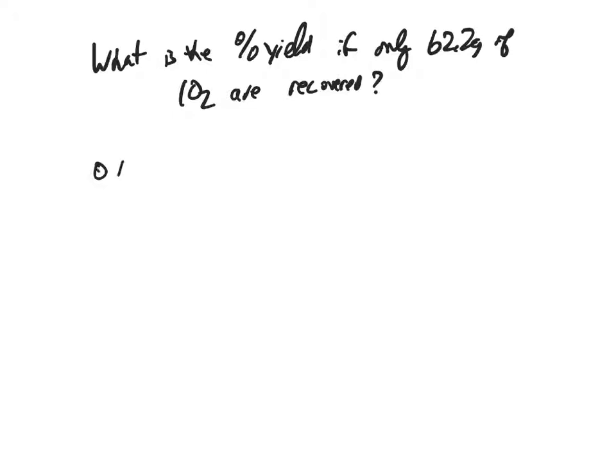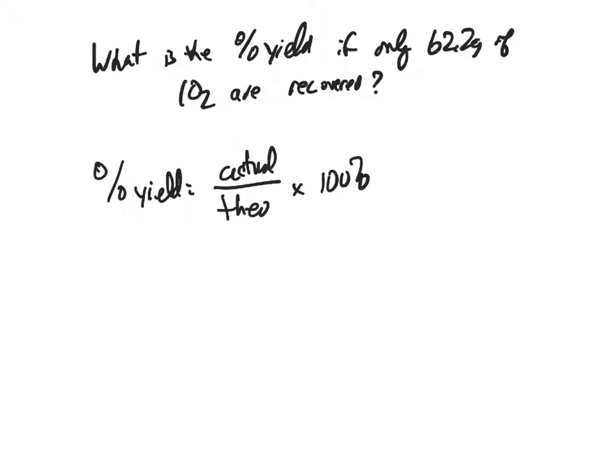And so percent yield is equal to actual yield divided by the theoretical yield times 100%.